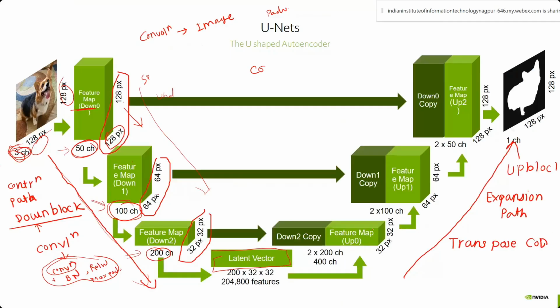If you observe any DDPM architecture, only at first, only once, you are using the transpose convolution. Because after the latent vector you have reduced the dimensions of the image, and now you have to increase the dimension. Later on, you can make use of the normal convolution operation, because again you have to capture the features.